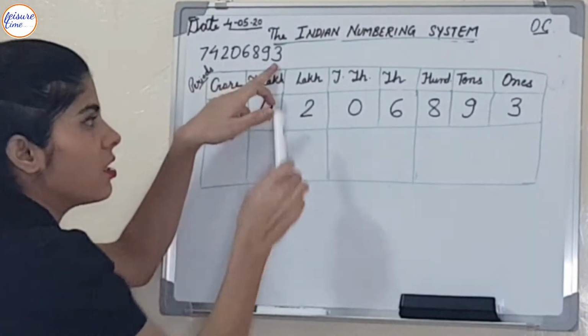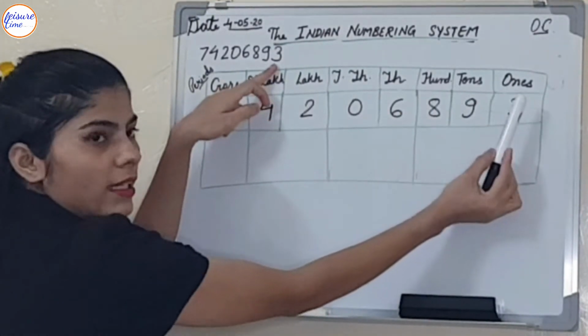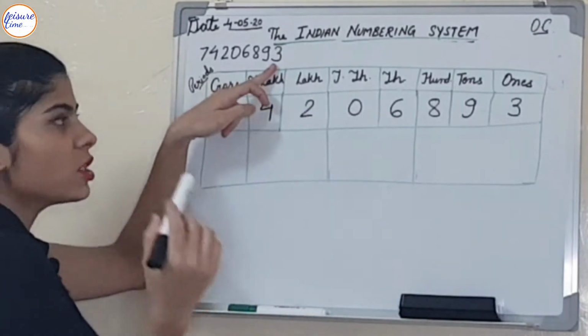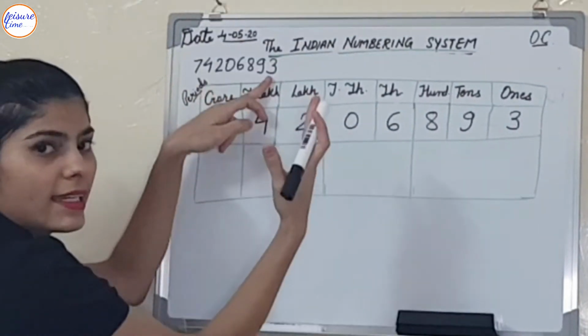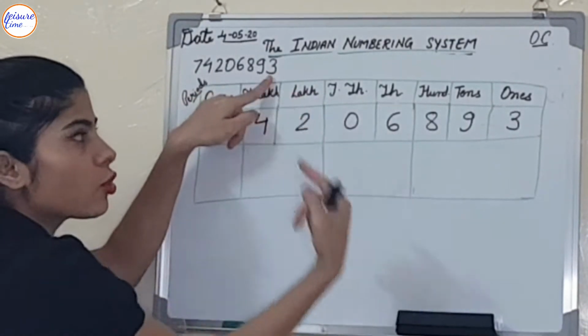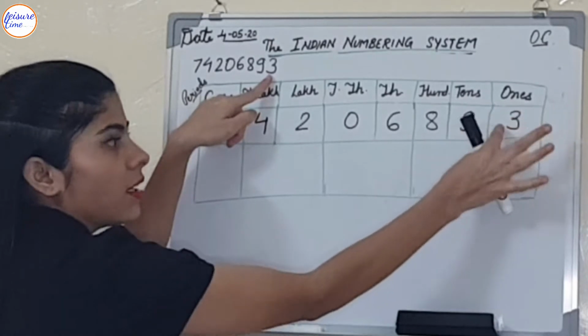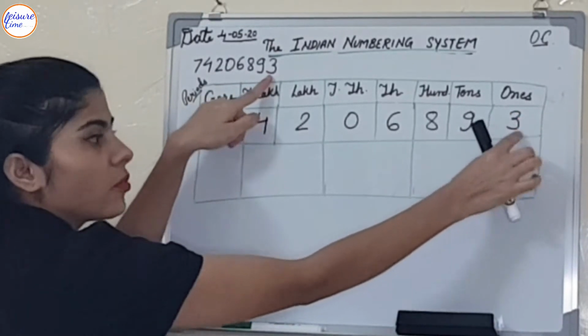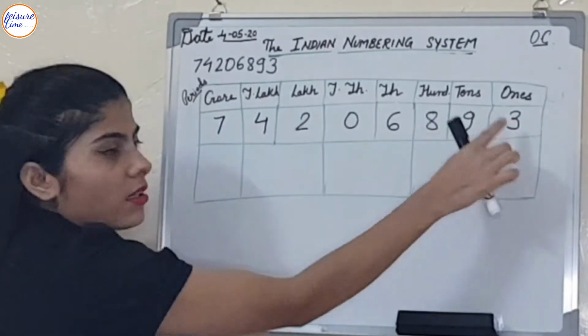Ones position. As I told you, we should always start from the right hand side. So 3 is in the ones place.